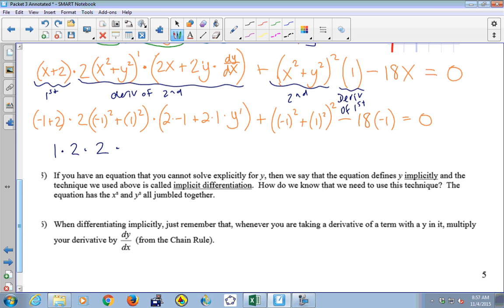So that's -2 plus 2y prime, yes, thank you. And then this is going to be 2 squared, which is 4, plus 18 equals 0. Of course, I'm out of room.